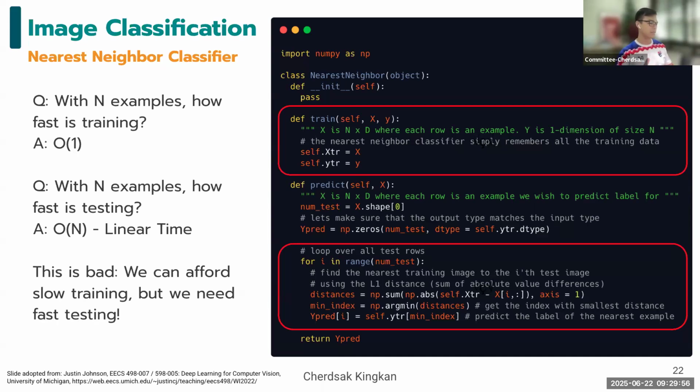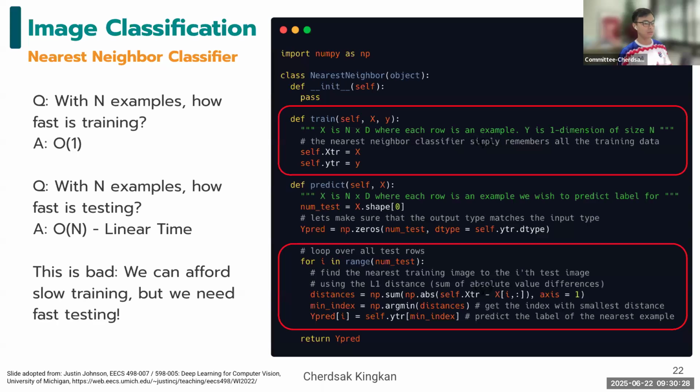But if you have a situation that needs this one, just be aware that as your data set grows, the time that you need in testing time, or inference time as we call it, will increase linearly. So a nearest neighbor classifier might work well if you have a small data set.